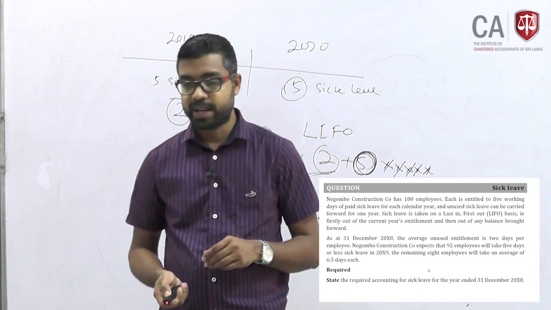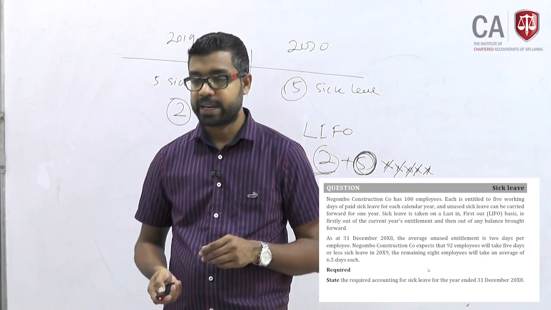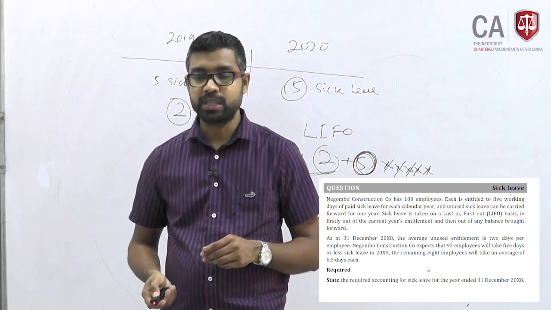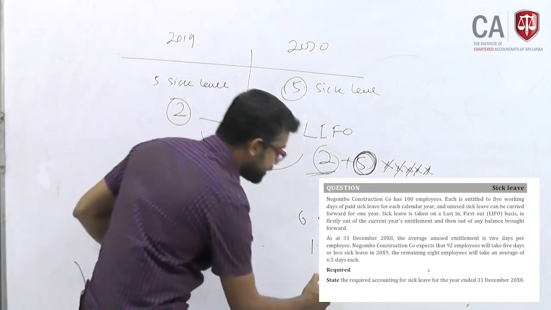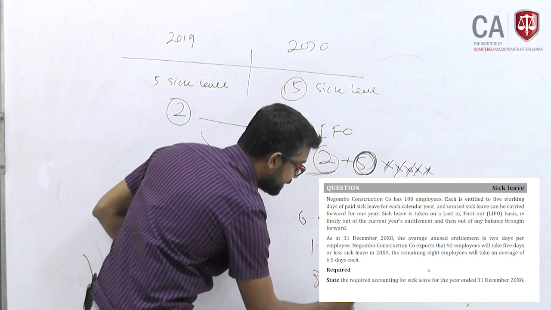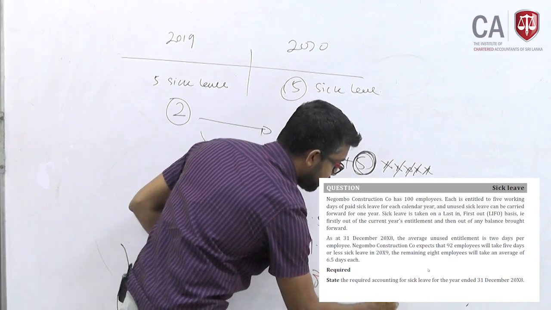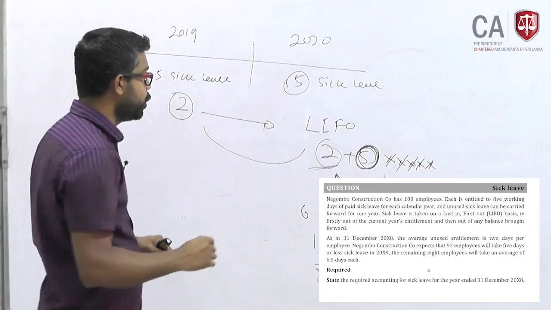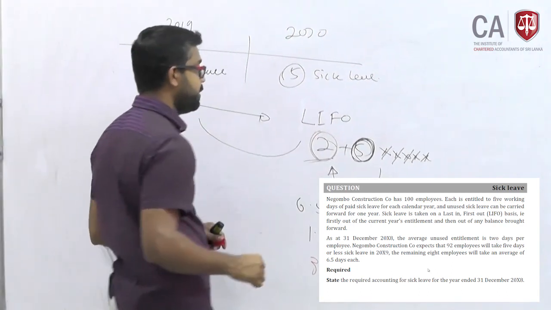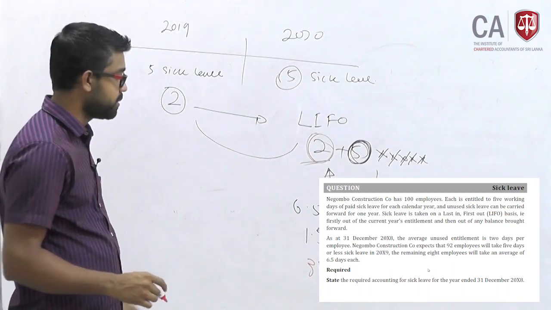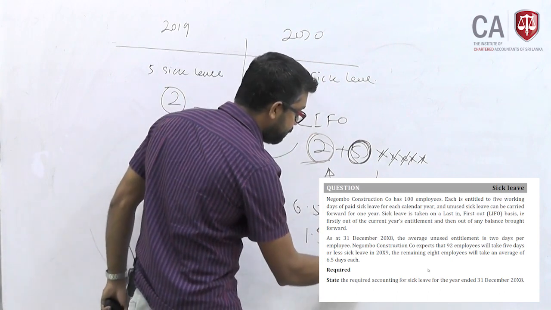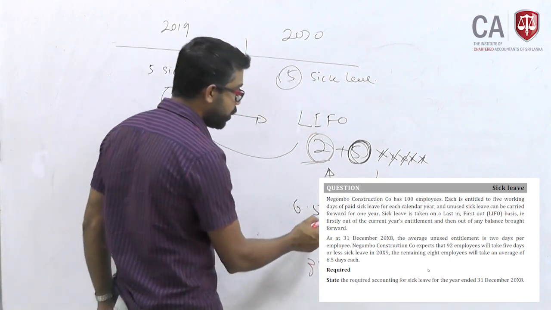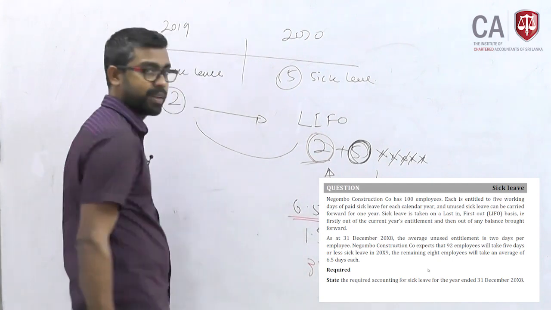State the required accounting for sick leave for the year ended 31st December 2018. Even though you have 2 carried forward leaves for all employees, only 8 employees will enjoy more than 5 days, which is 6.5.